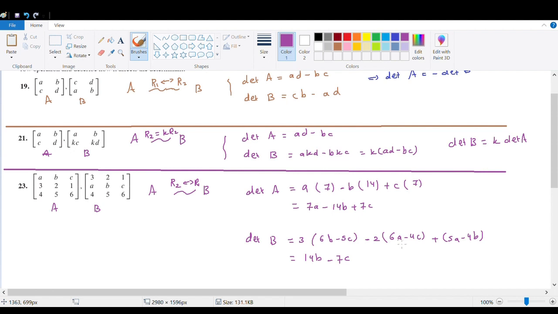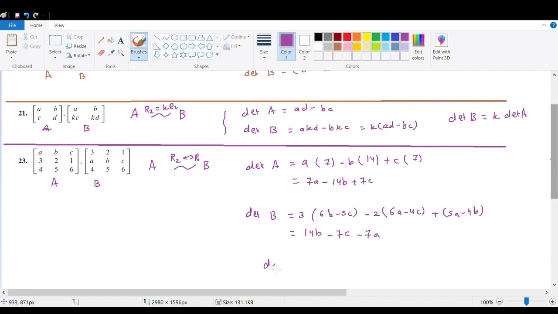Now we finish with b and c, then for a we have minus 12a and this is 5a, so this will give us minus 7a. Now if we compare this one and this one, it seems that determinant of A is equal to minus determinant of B.